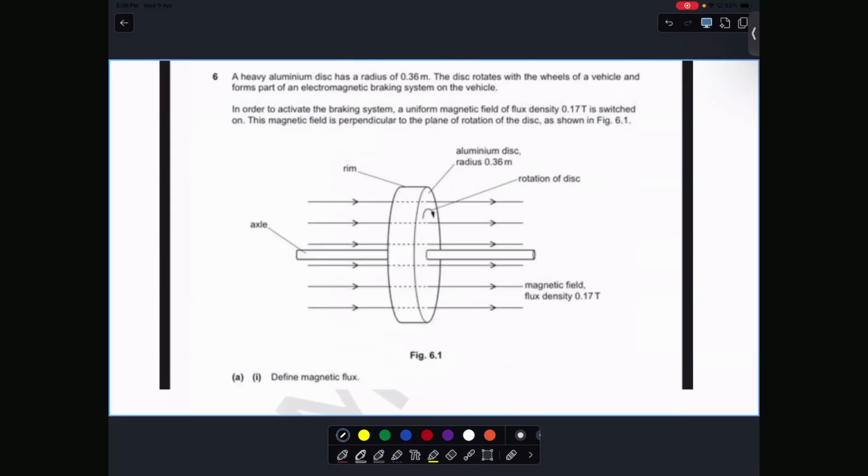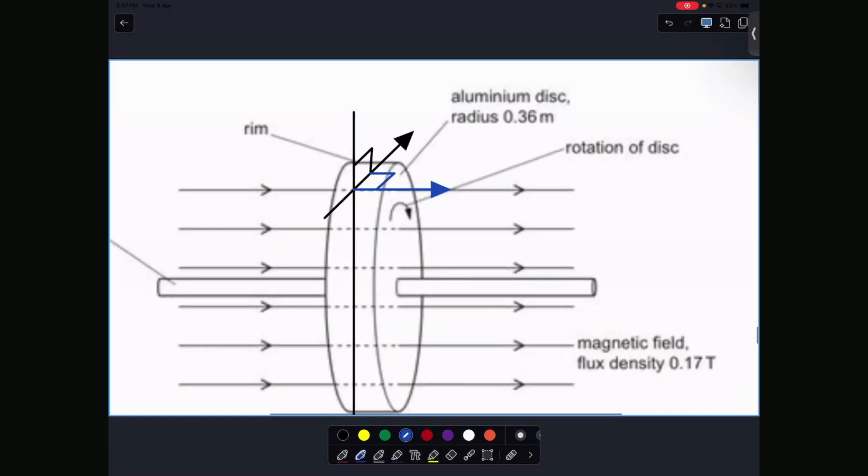Right, so here is the magnetic field. So we will consider this as a wire. The force on the wire is this way, the magnetic field is this way, and the angles are 90 degrees. Do you understand what I'm doing? It doesn't rotate like this, so I'll just focus on one particular point. Which way is the top point going? It's going that way. So I can say the top point is horizontally going that way, and the magnetic field is this way. So this magnetic field has been cut by that motion. And if my magnetic field looks like this, and it's rotating like this, right? Is the top point going like this? So I can say this, right? So if this is my magnetic field, this is my movement, which would my induced current be? Right hand use for because this is induction, right?